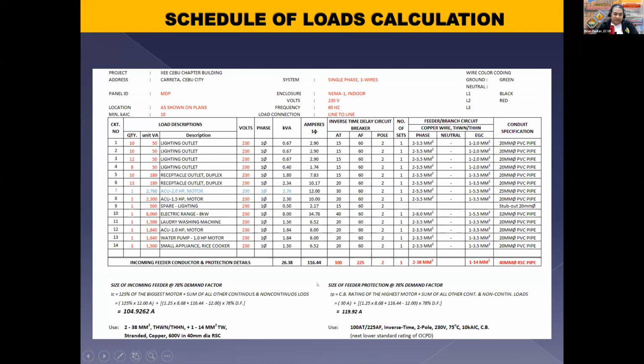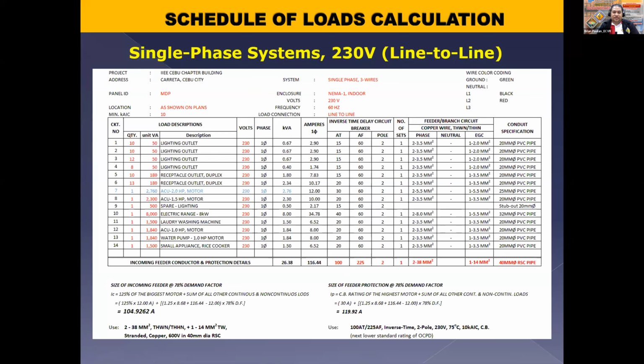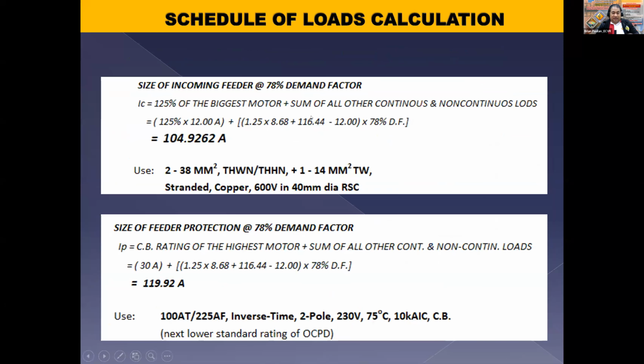Now to size up the feeders, this is our computation. Let's just look at the next page so it's bigger. Okay, so our panel board now is a combination of loads.